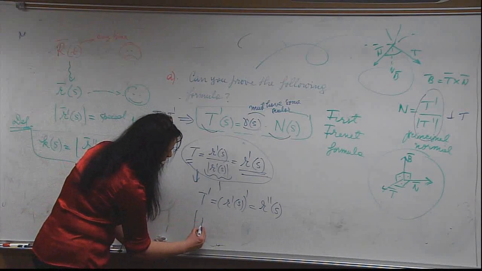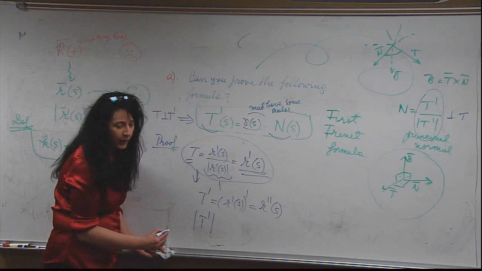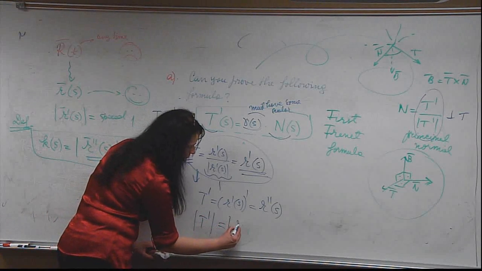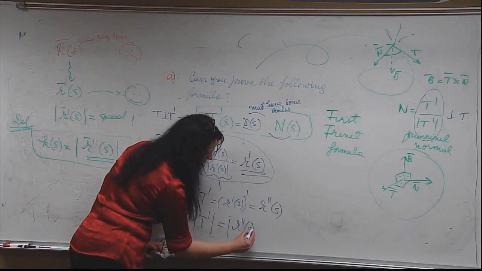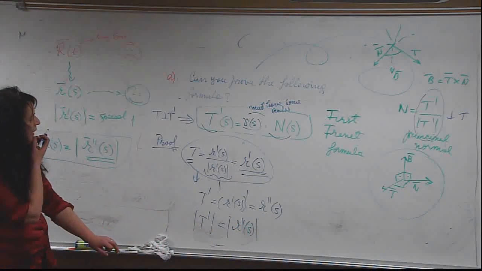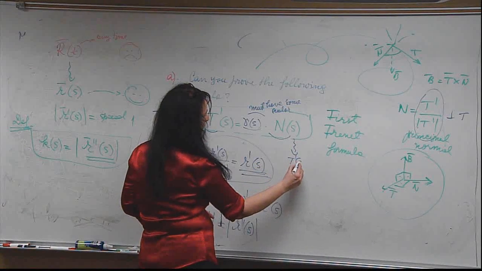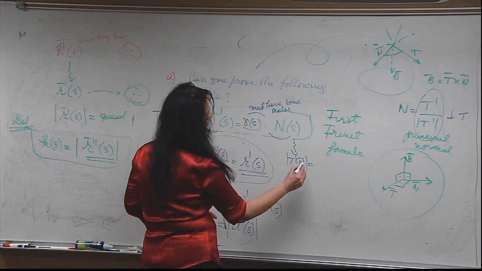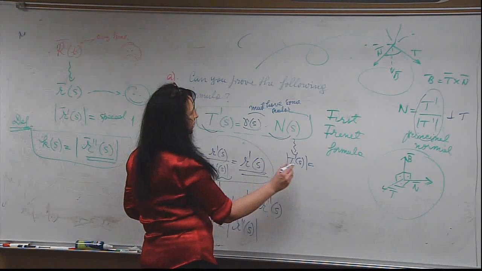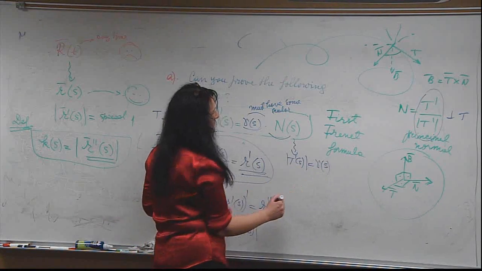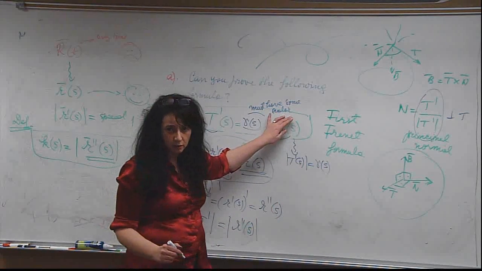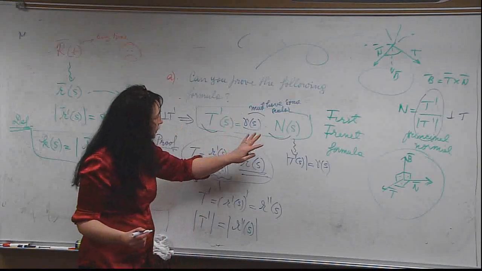So t prime in absolute value will be exactly the magnitude of r double prime. Note that from here also, t prime in magnitude has to be gamma of s. Why is that? Because the magnitude of n is 1. N is a unit vector by definition.